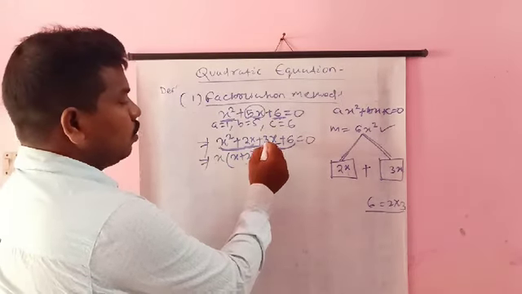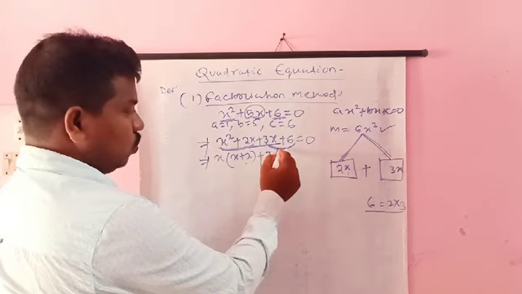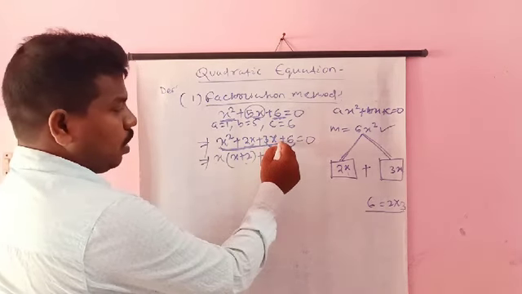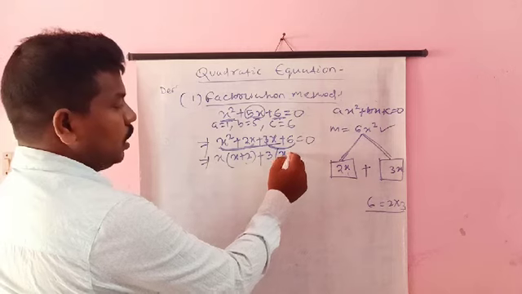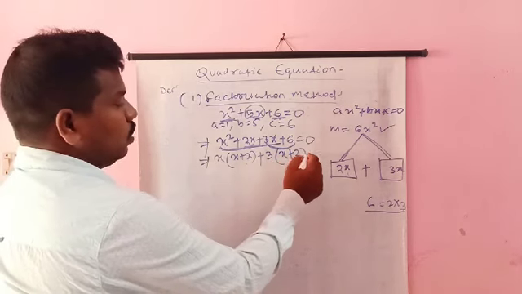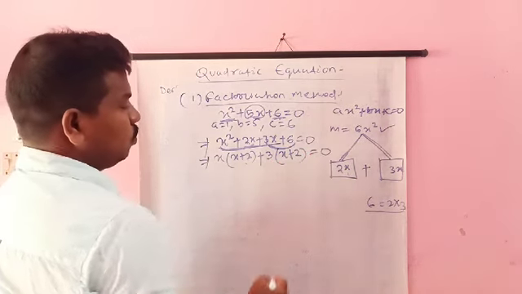We must take 3 common from the last two terms. If you take 3 common, here x remains and here 2 remains. So that is equal to 3 into x plus 2 equal to 0.